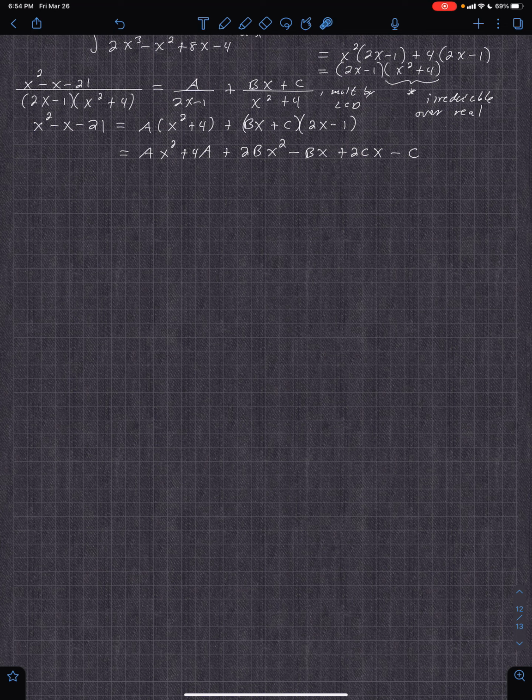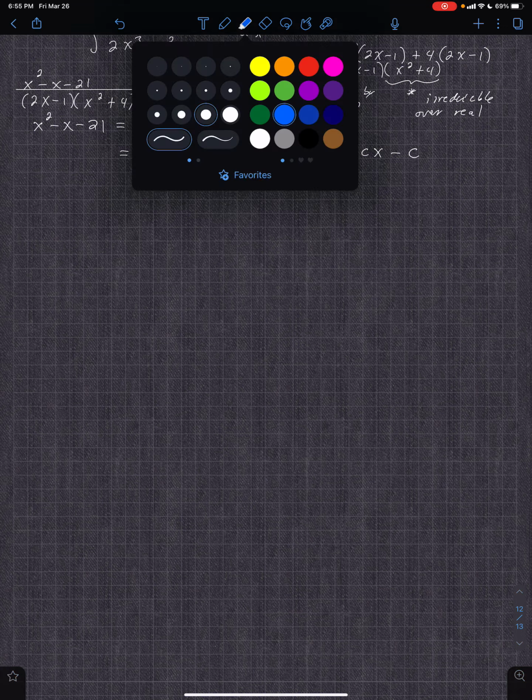Okay, let me double check that. I did not do this ahead of time. So ax squared plus 4a, here's your 2bx squared, and then distribute to here, negative bx, and then your 2cx, and then minus c. Okay, we're good there.